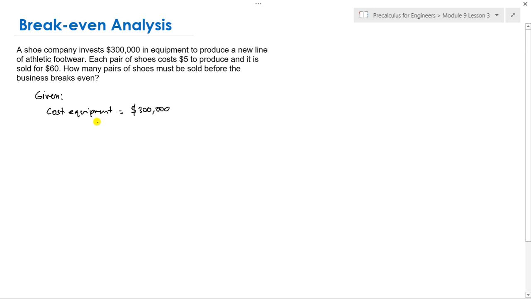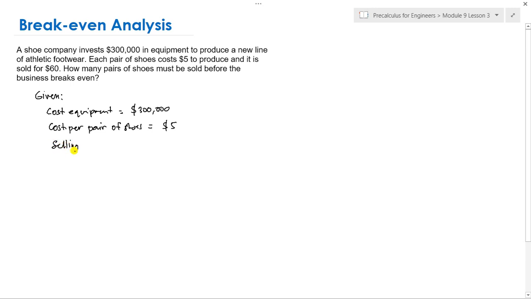Of course, when establishing it, they must spend $300,000 for all the equipment. Here, each pair of shoes costs $5. That is the cost per pair of shoes, so that is $5. Next, they sell them, so that is the selling price.